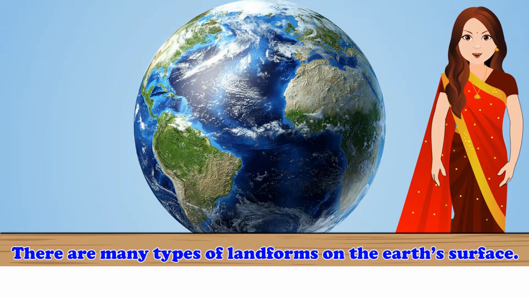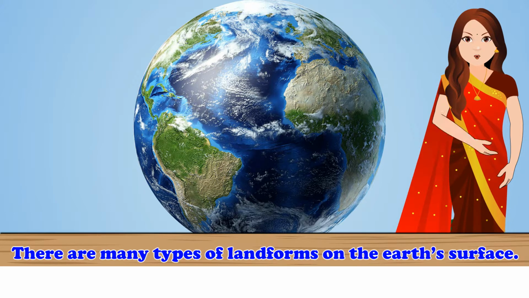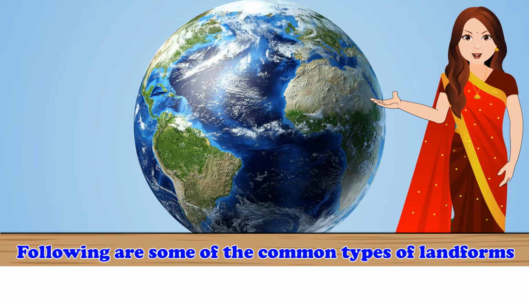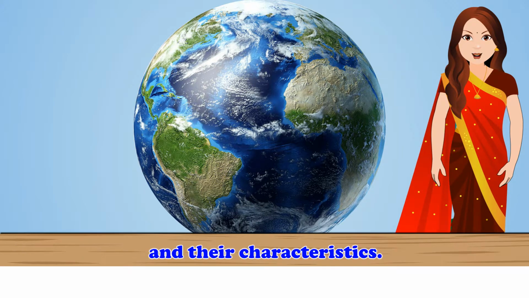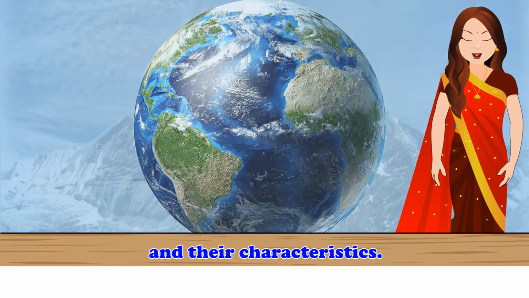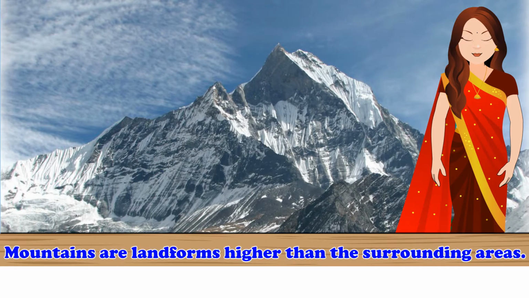There are many types of landforms on the Earth's surface. Following are some of the common types of landforms and their characteristics. Mountains. Mountains are landforms higher than the surrounding areas.